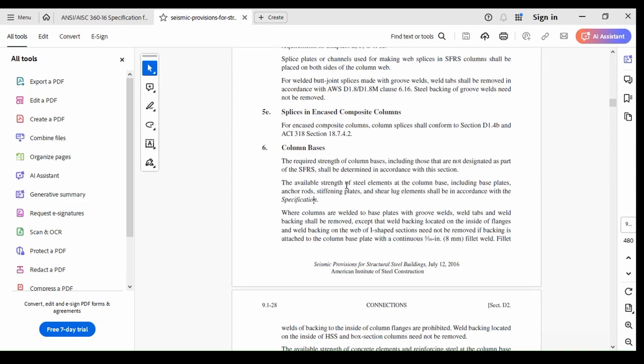So the available strength of steel elements at the column base, including base plates, anchor rods, stiffening plates, and shear lug elements, shall be in accordance with the specification. And the rationale behind it is that we don't want to see failure in joints, so we design them with much higher forces than we design members.